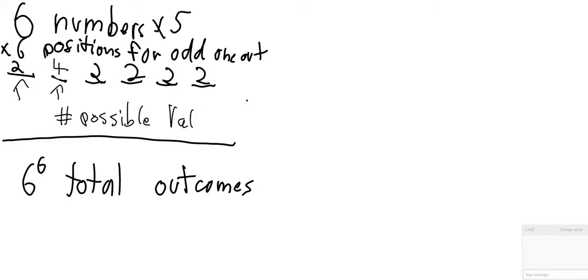For the number of possible values, I would say it would be 6 because there's 6 numbers on a die. Does anybody agree with that or disagree with that? What is the number of possible values for this odd one out? I would say 6. Okay, 6. Kyle, what do you think?